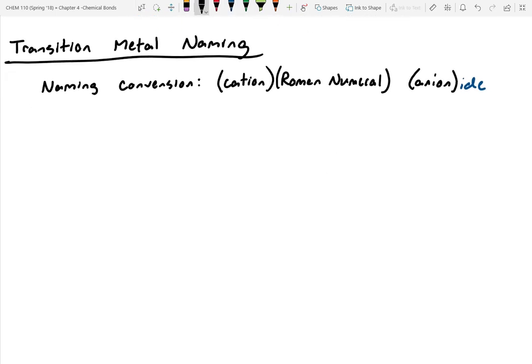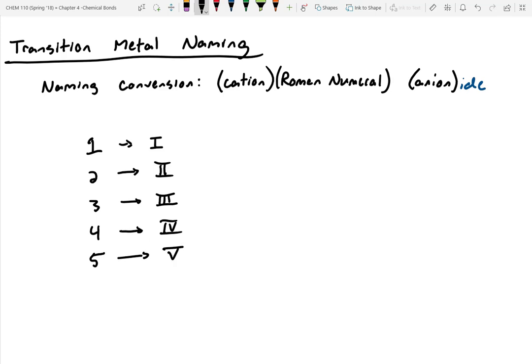So if you remember, 1 as a Roman numeral is I. 2 looks like that. 3 looks like that. 4 is where it gets tricky. 4 is IV, like that. 5 is just V, and then 6 is VI, like that.